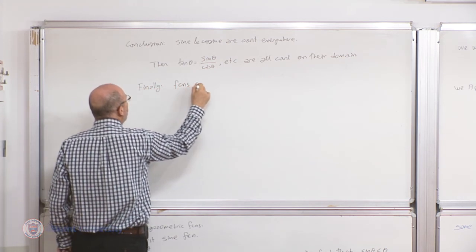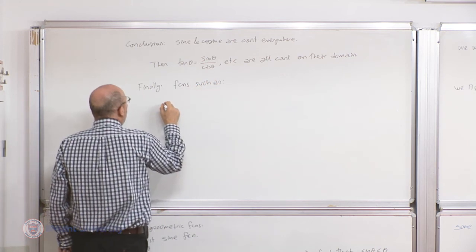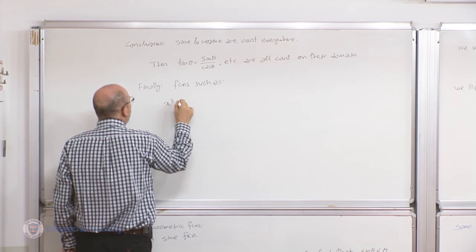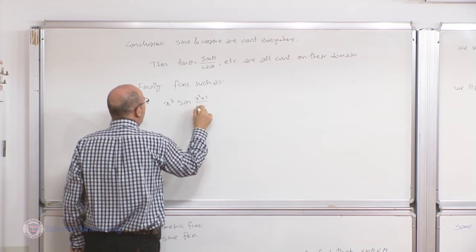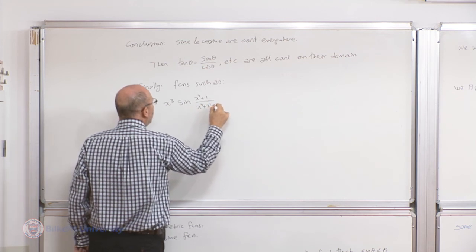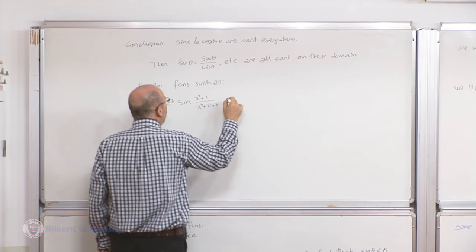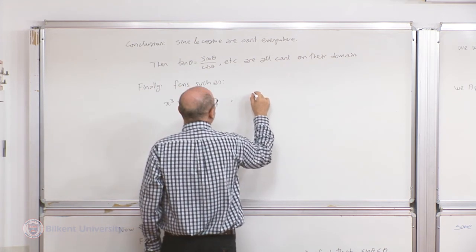Finally, functions such as x cubed sine x squared plus 1 over x to the 4 plus x squared plus 7. Or let's write another one.